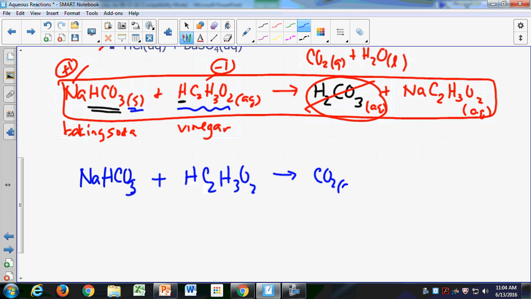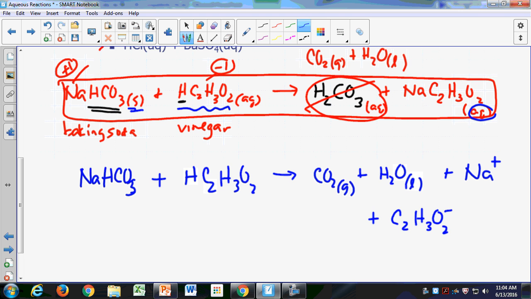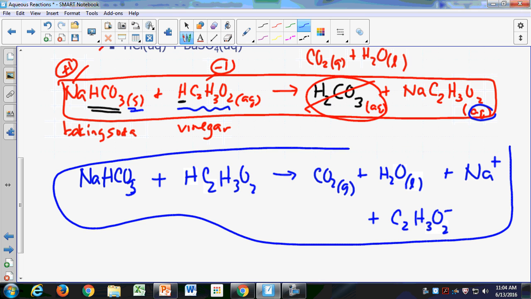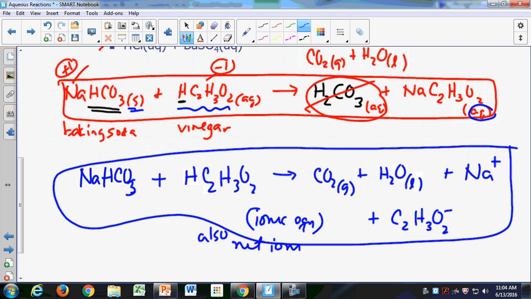That gives me CO2 gas plus H2O liquid. None of those are ionic. Sodium acetate is an ionic compound in aqueous solution, so I split that up into sodium ion plus acetate ion, C2H3O2 minus. This whole thing is your ionic equation. It's also your net ionic equation, because there are no spectator ions that you can cancel.